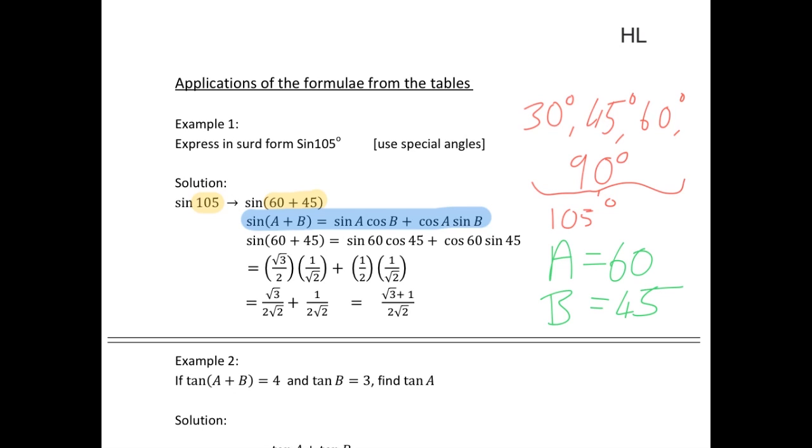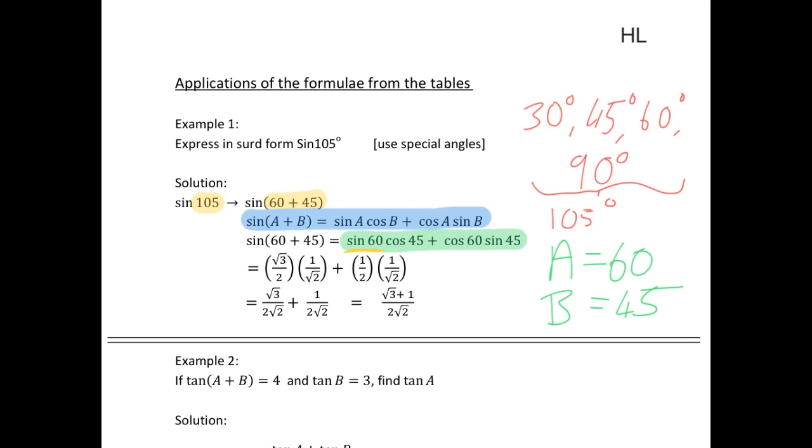So if we fill these values into our formula, we end up with this equation, and then each of these values, for example, the sine 60 here, can be worked out using the tables.